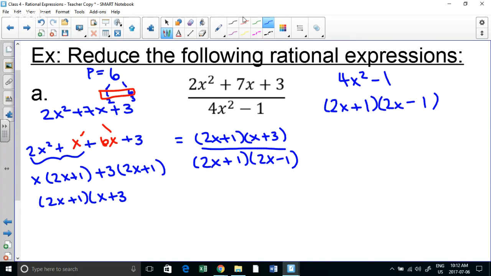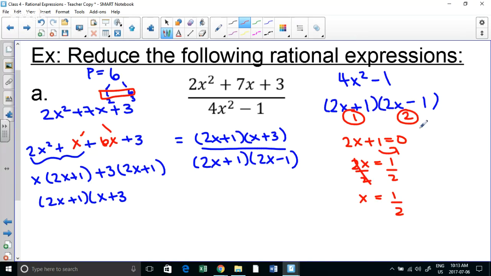Before we reduce, we need to state our restrictions. 1, 2. So 2x plus 1 equals 0. I move that over. 2x is negative 1. Divide by 2, so x is negative 1/2. 2x minus 1 equals 0. 2x is positive 1.